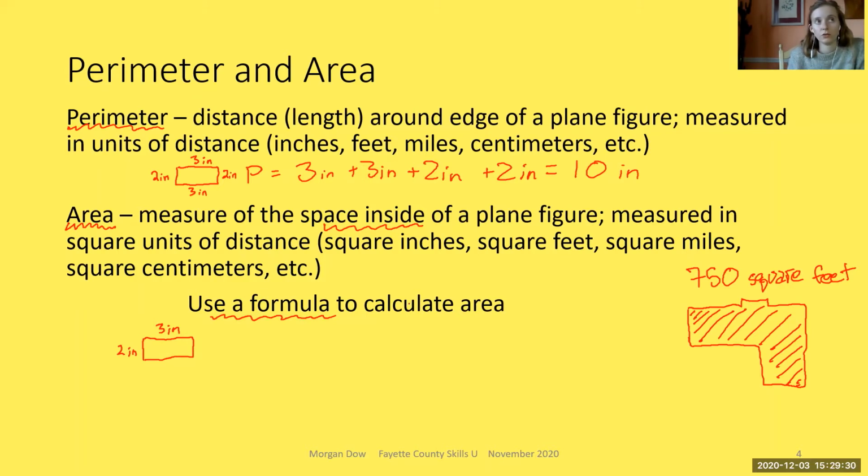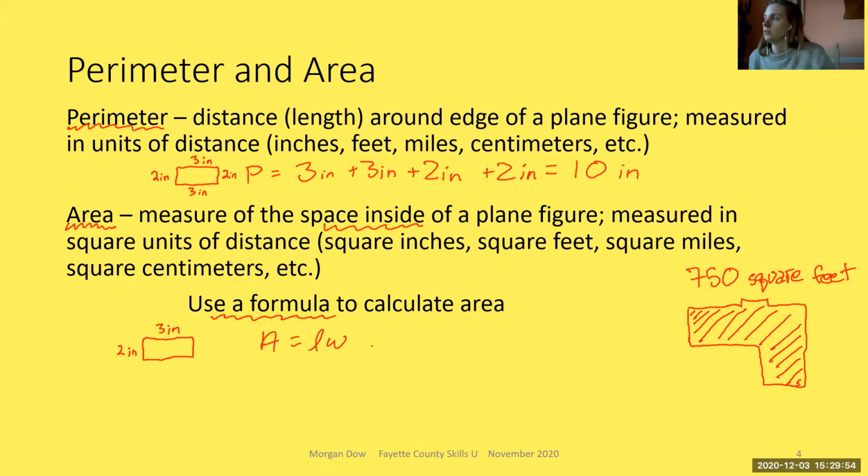So if you look on your formula sheet, you'll see there's a section about area, and it says area of a rectangle. It says A equals LW. So that means area of a rectangle is equal to the length times the width. So you basically take the two dimensions of the rectangle and you multiply them together.